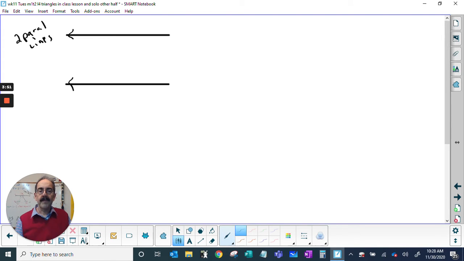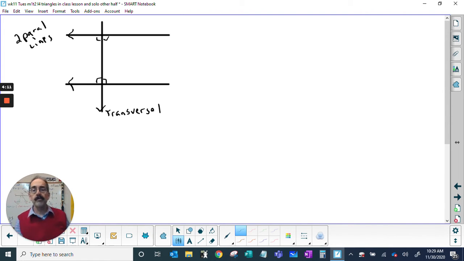We're going to cut them with what's called a transversal. Another one of those vocab words. This transversal cuts it in such a way that it creates a 90, a 90, a 90, and a 90.